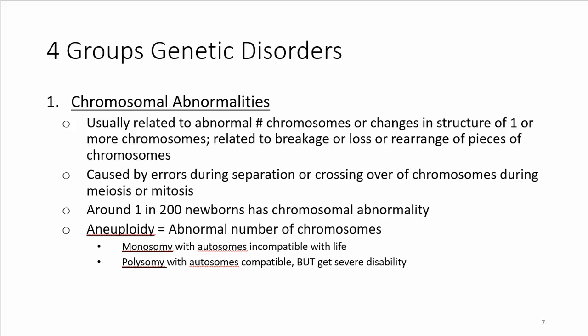It's actually quite common. 1 in 200 newborns has some chromosomal abnormality. Now, it may not express as much, or it could be a disorder that is not compatible with life. It kind of runs the whole gamut.